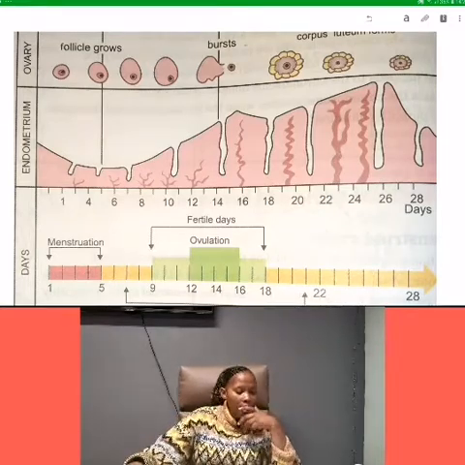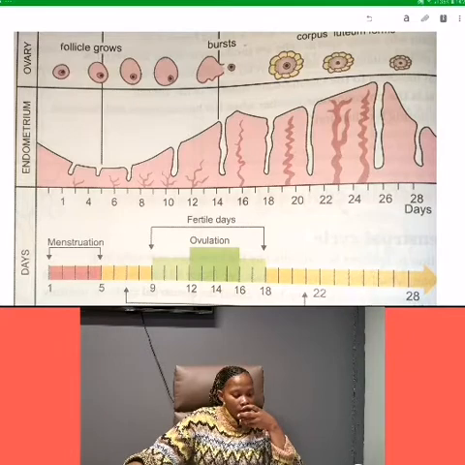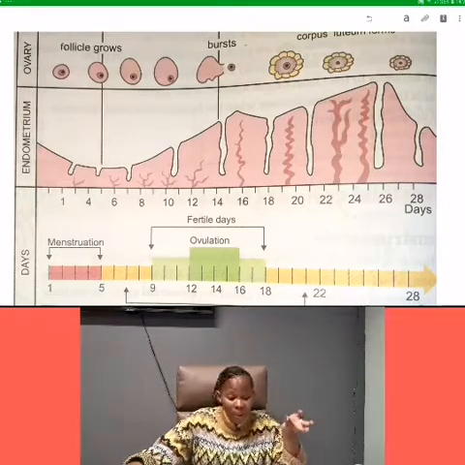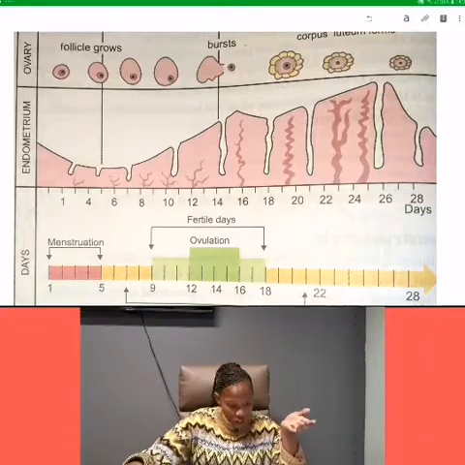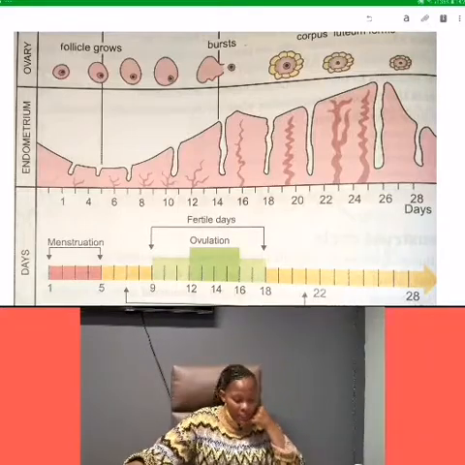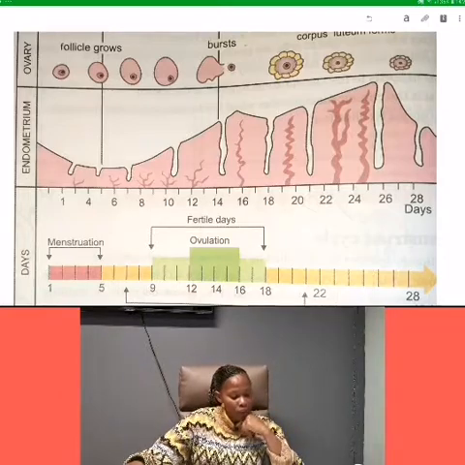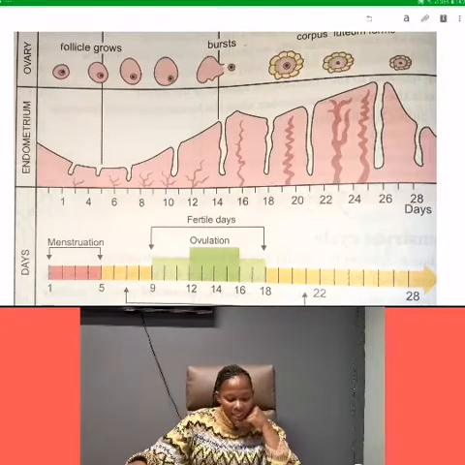Then we have other forms of preventing pregnancy permanently, which is sterilization. In males, a method used is a vasectomy, which involves cutting or tying the tube leading from the testes.